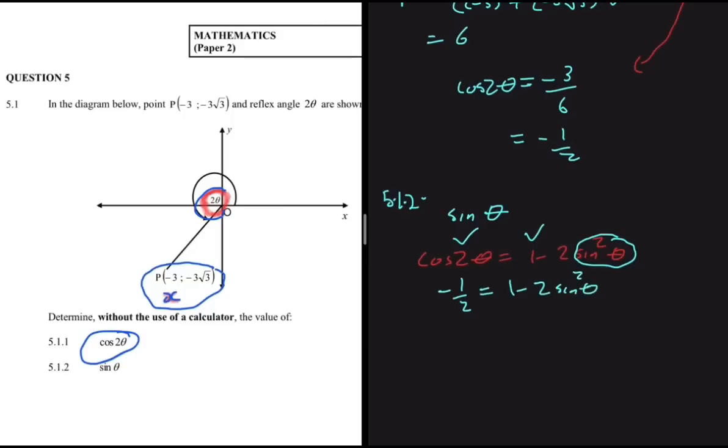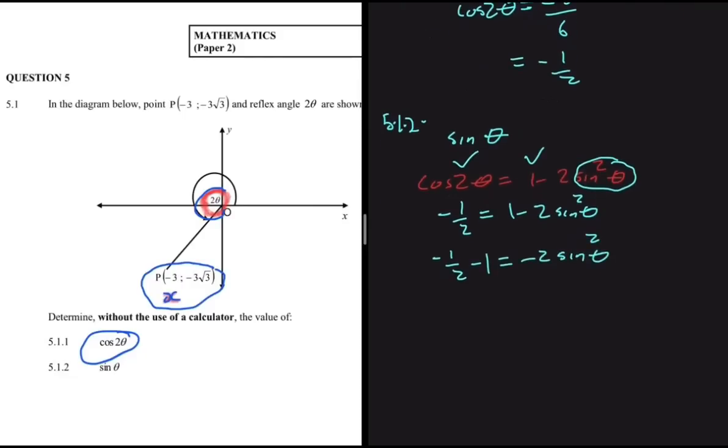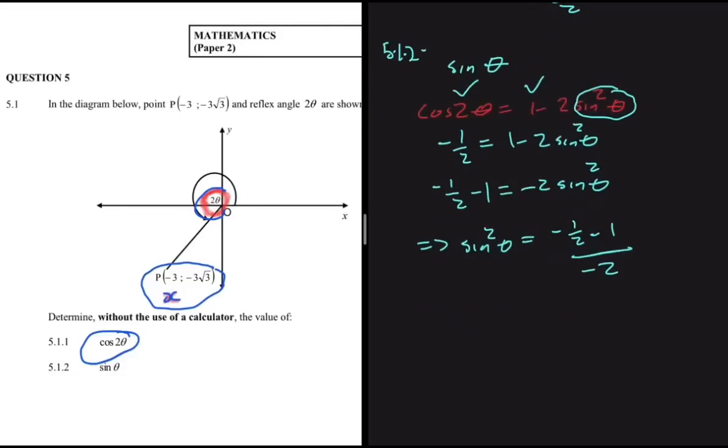So if we do that, we're going to get minus a half minus 1 is equal to minus 2 sine of theta squared. So let's just divide both sides by minus 2. So this would imply that we would get sine of theta squared being equal to minus 1 divided by 2 minus 1 divided by minus 2, and we should get 3 divided by 4, right?